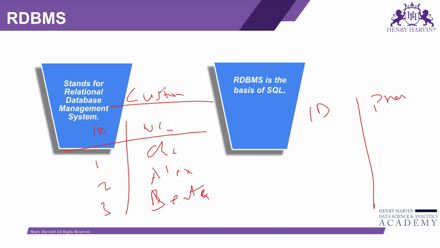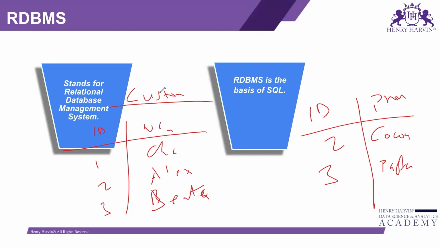So in the customers table, take the customer given by ID number 2, which was Alex. Let's say the product they bought was cocoa. Then let's say ID number 3 bought pasta, in that manner.